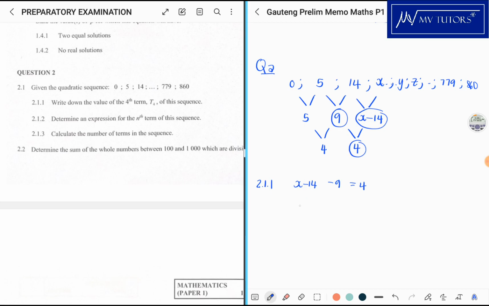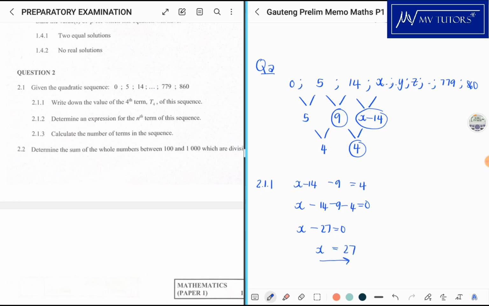Actually, I'm making too much work for myself. Minus 14 minus 4 is minus 18, minus 9, that's minus 27. I should have just taken the numbers to the other side.